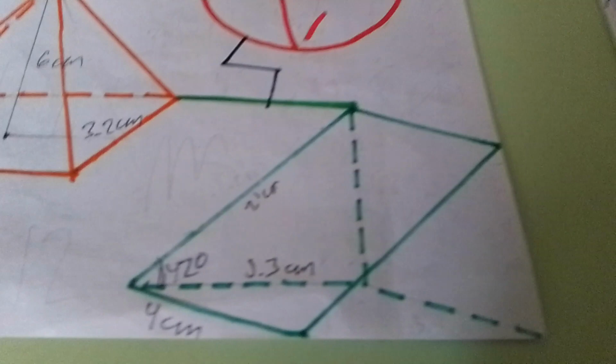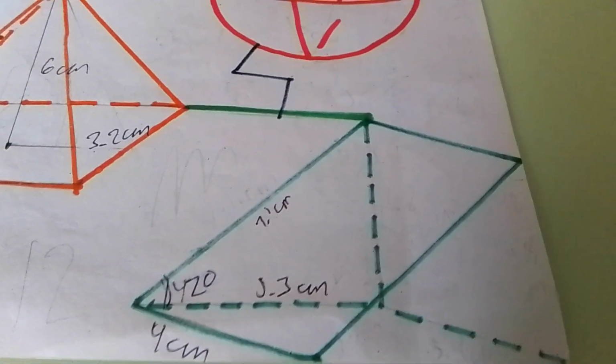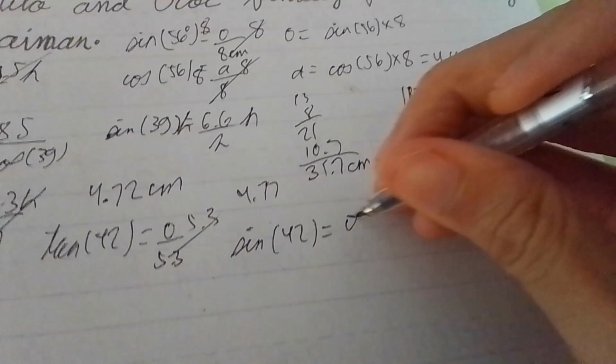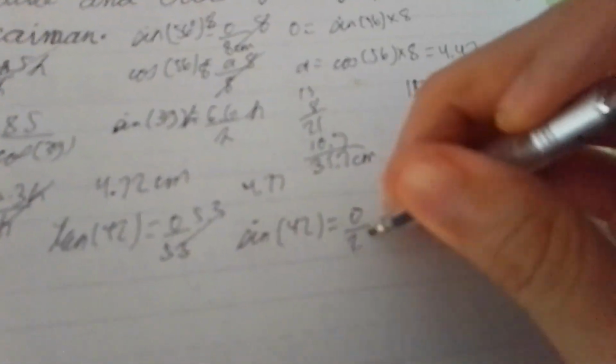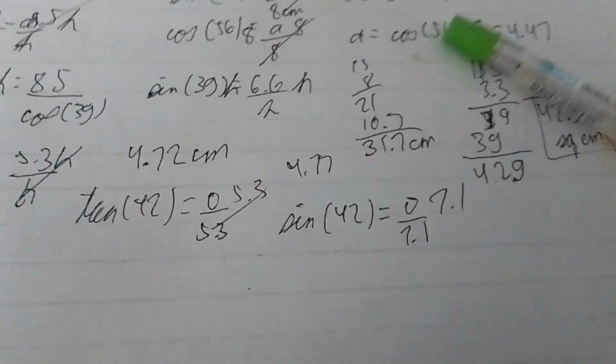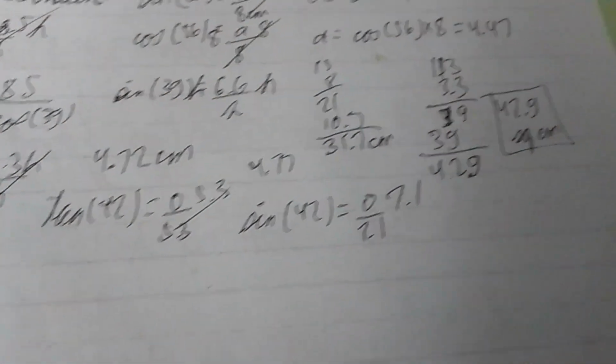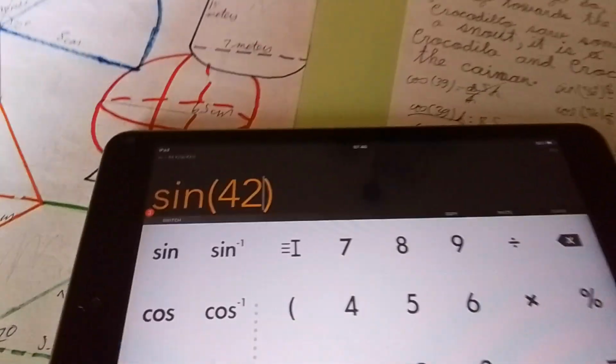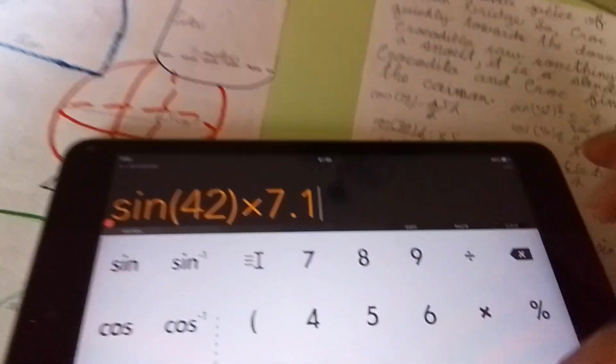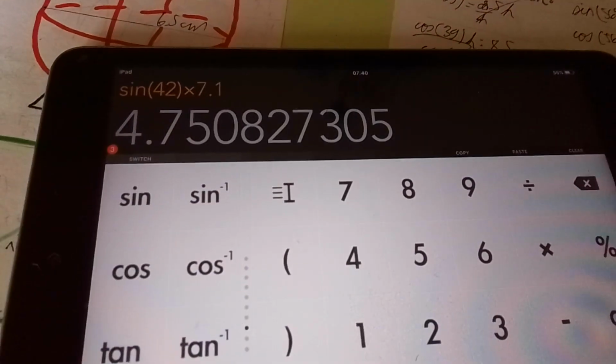Sine function is opposite over hypotenuse. So sine of 42 is equivalent to opposite over hypotenuse, which is 7.1. So now we multiply 7.1 on both sides. Therefore, sine of 42 times 7.1 is 4.75.